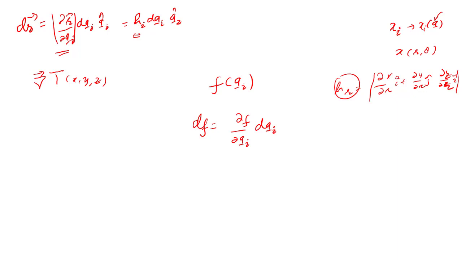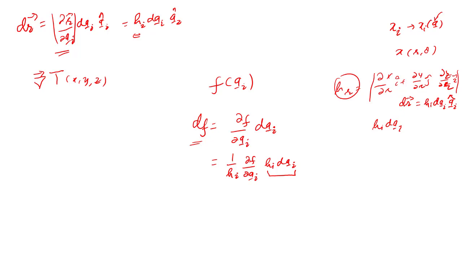So I'm going to change this expression by dividing and multiplying it with hi. I'm going to write it as dou f by dou qi, times hi dqi. Now this is a scalar function, so here there is no direction. So now I'm going to take this hi dqi, and I know that dr, the vector, is hi dqi qi.